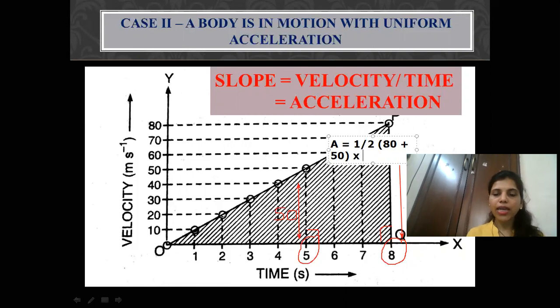So our height is 8 minus 5. You can see over here, 8 minus 5 is nothing but 3. Okay, so we are going to write over here 3.